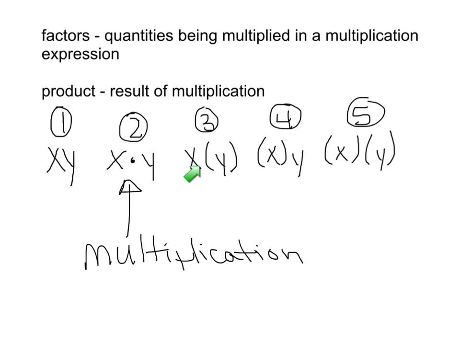Here, x smushed together with a y in parentheses also means multiplication. Same thing right here for the x in parentheses and the y. And you can also have the x and the y both separated by parentheses. So each of these 5 examples represents the same thing. If we knew a value for x or a value for y, you would get the same product for each of these.